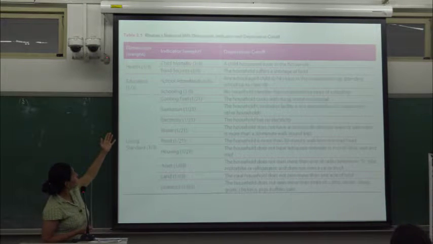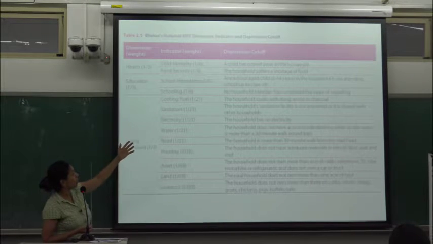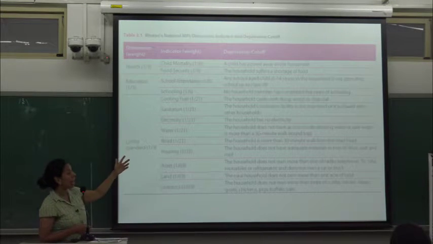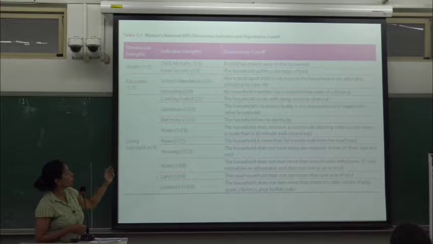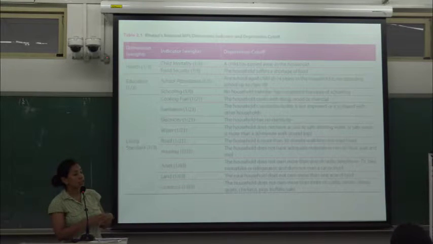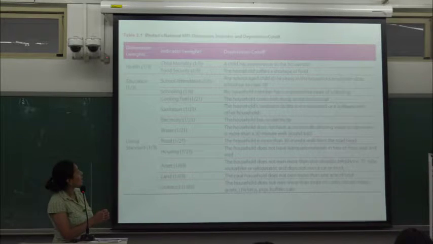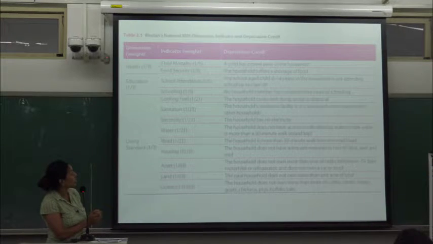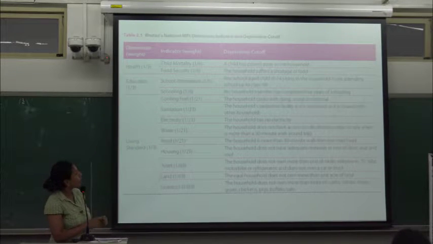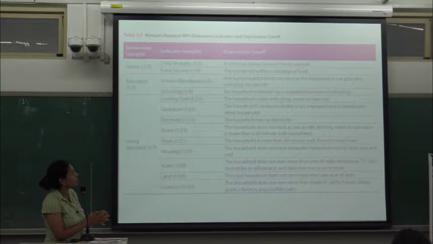In the case of health, they are measuring child mortality, where a child has passed away in the household, and food security, whether the household has a shortage of food. In terms of education, they assess school attendance of children in school age and schooling, whether any household member has completed 5 years of schooling.